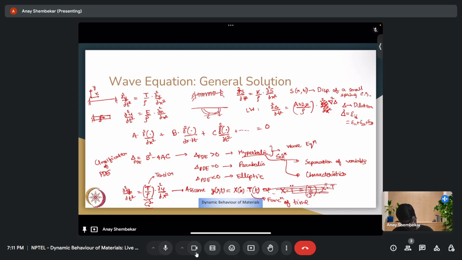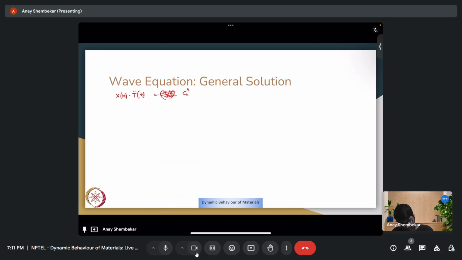We'll be using this form of equation. So you have c naught squared T of t into X double dash of x.